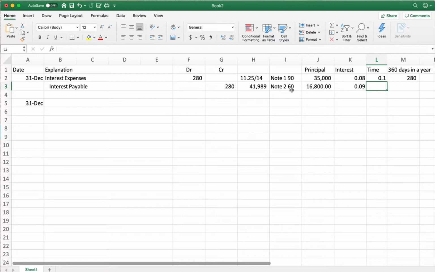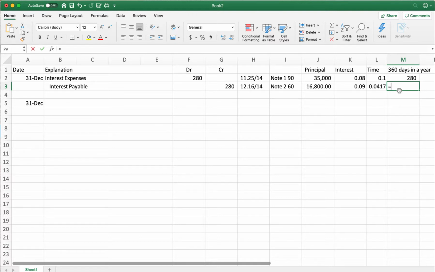But from 12/16 till 12/31, how many days is that? Well, it's 15 days. So we need to accrue 15 days of interest. Well, that's easy. 15 divided by 360, that gives me my time. I end up with 0.0417.